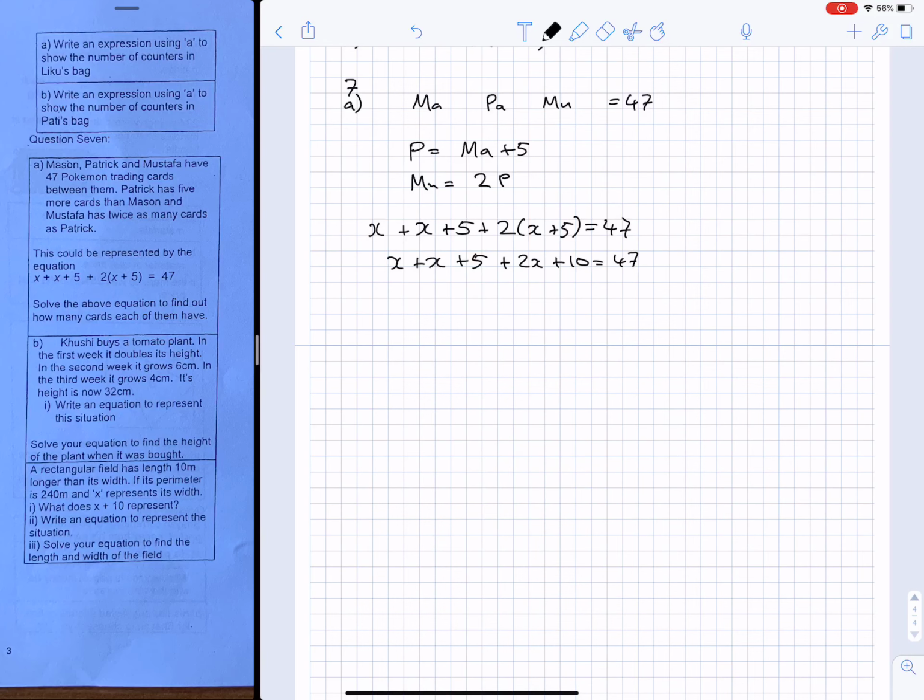So you've got 1, 1, and 2, which makes 4x. And then you've got the plus 5 plus 10, which is 15, which equals 47. 4x equals 47 minus 15.